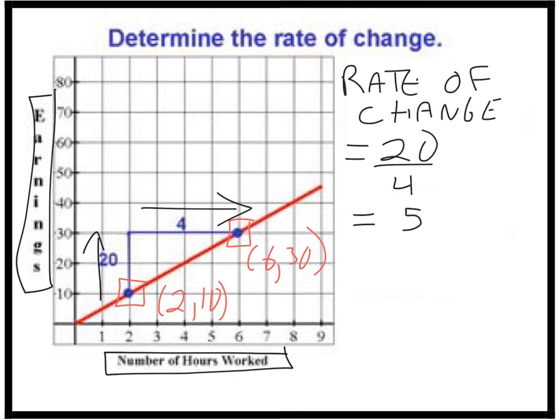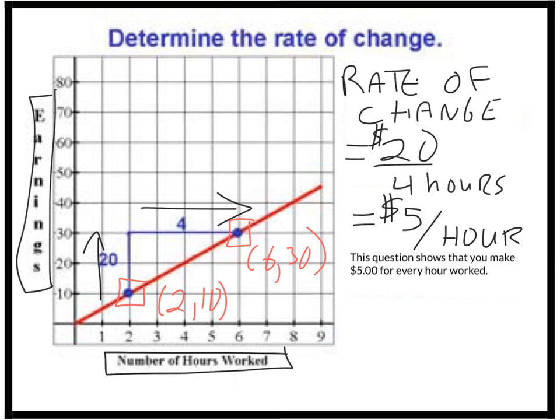So when we take our earnings of $20 and divide it by 4 hours, we end up with a unit rate. That unit rate is $5 for every hour. This is telling us how much is being made for each hour worked. So here we see a little summary that says this question shows that you make $5 for every hour worked.